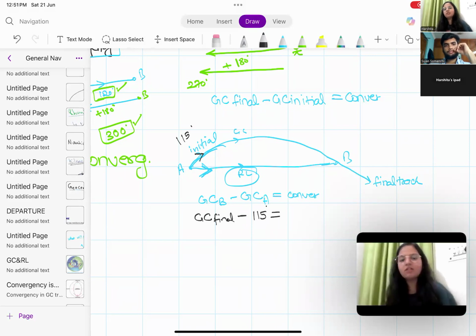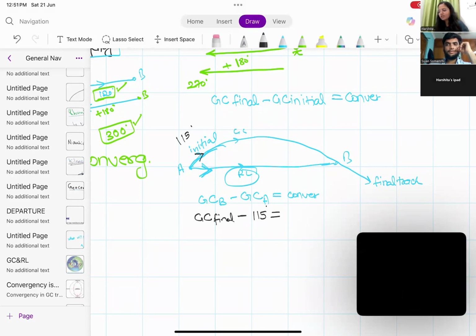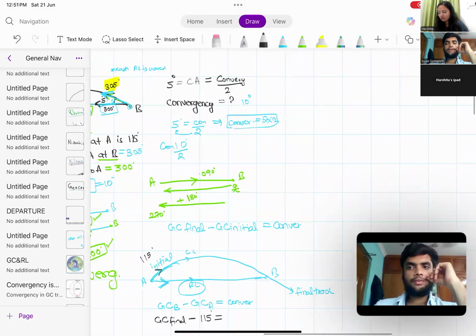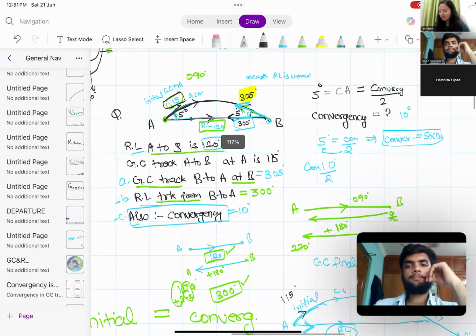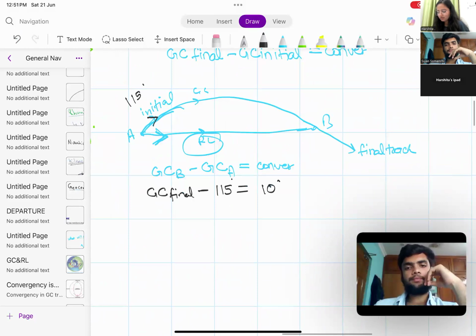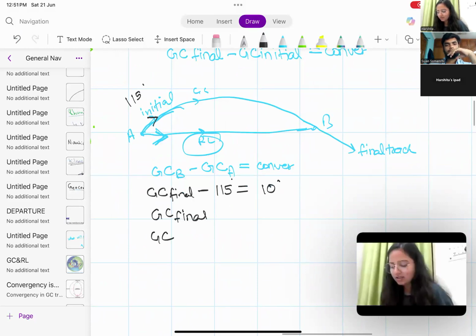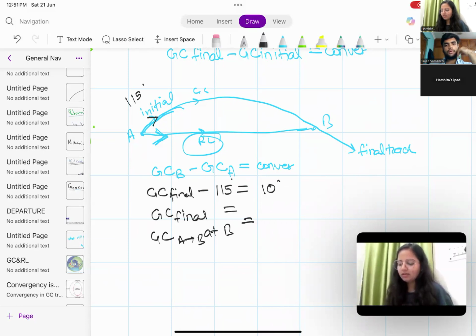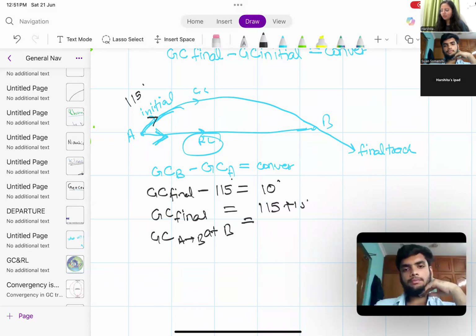What is the value of convergency? You only told me 5 was convergence angle. Okay, 10. Yes, perfect. Convergency was 10. So GC final, or you can say GC A to B at B, will be 125. 115 plus 10. Perfect.